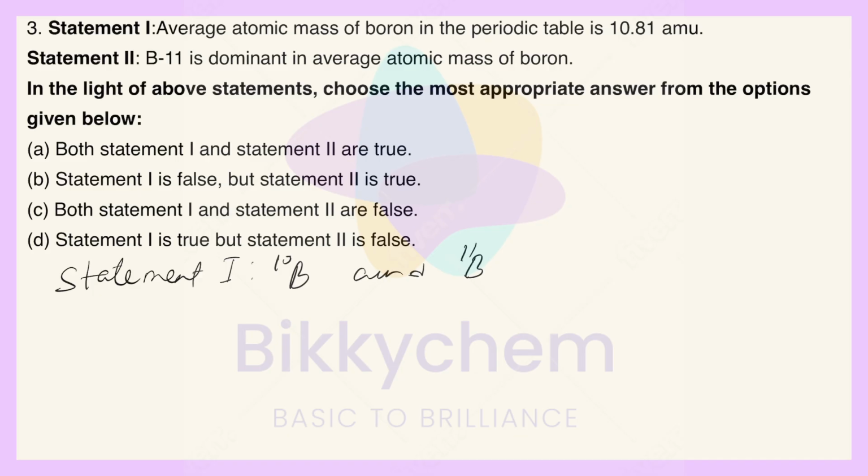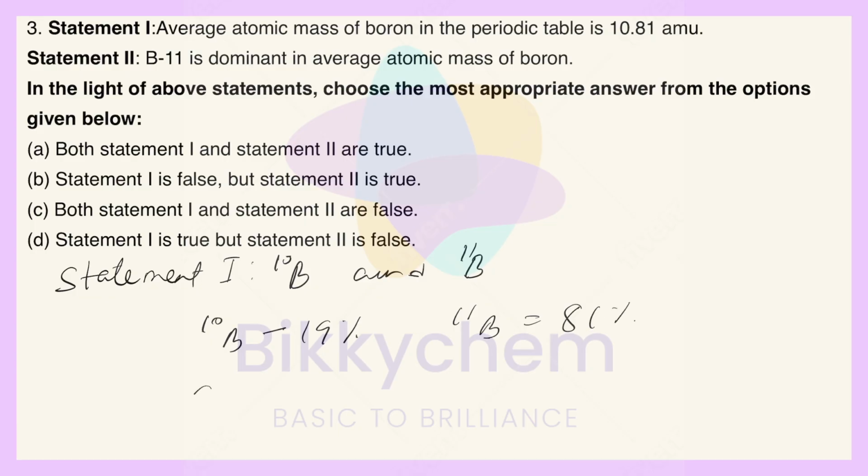Boron 10 is about 19% in the earth's crust and boron 11 is about 81%.